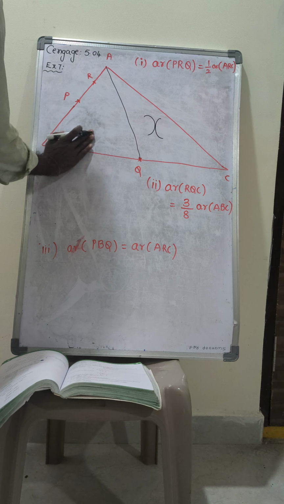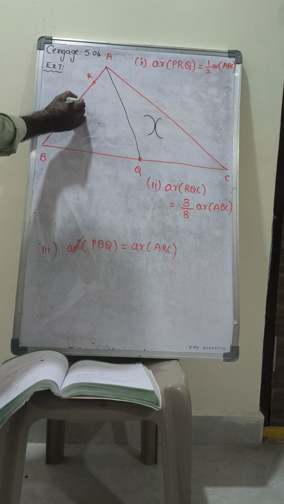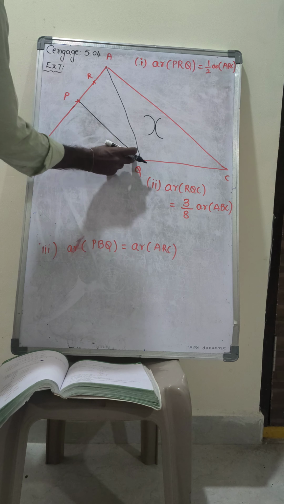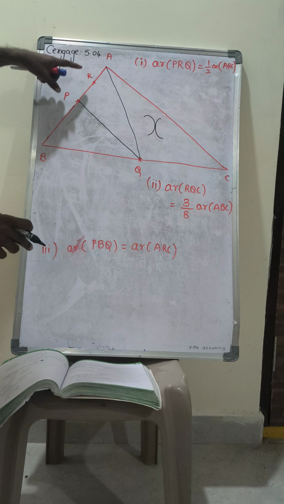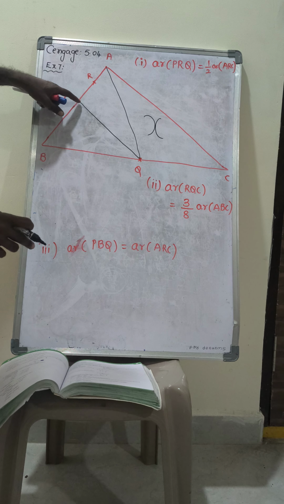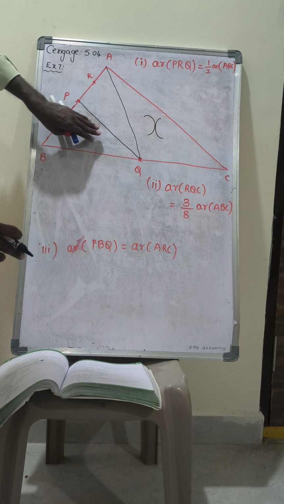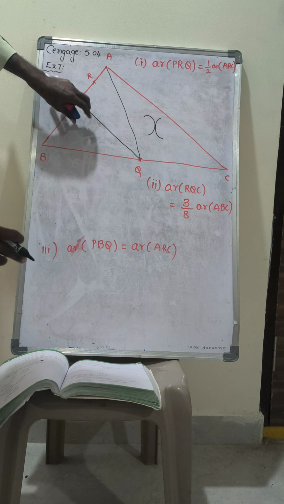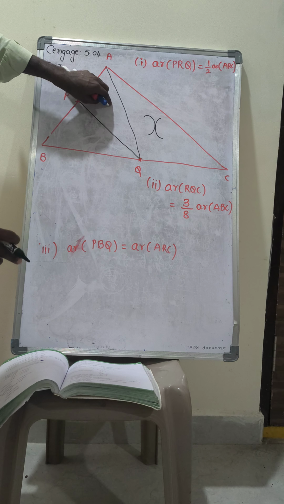Next, you can see one more triangle here, ABQ. If I join P and Q, in triangle ABQ, P is a midpoint of side AB, so PQ will act as a median. Therefore PQ divides triangle ABQ into two equal parts.